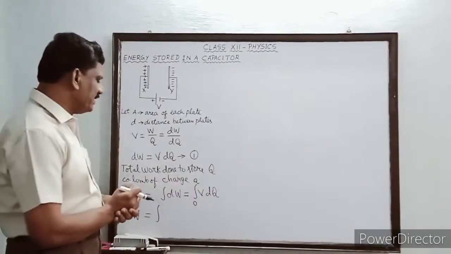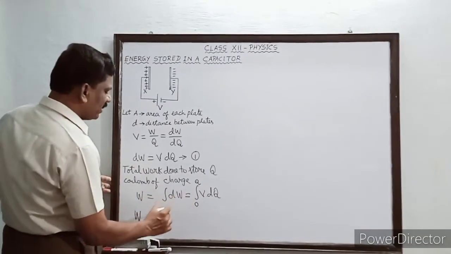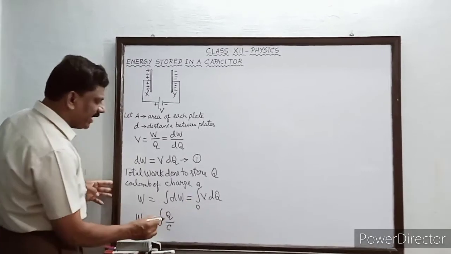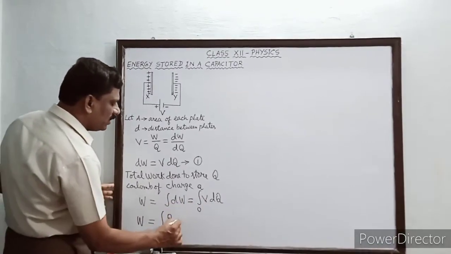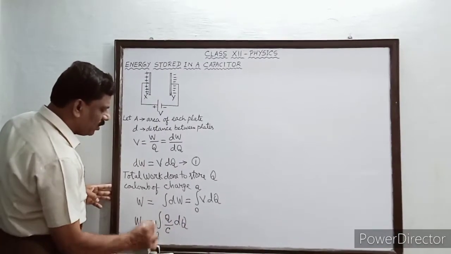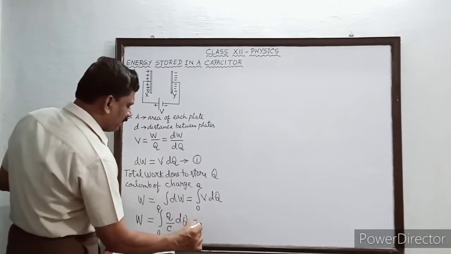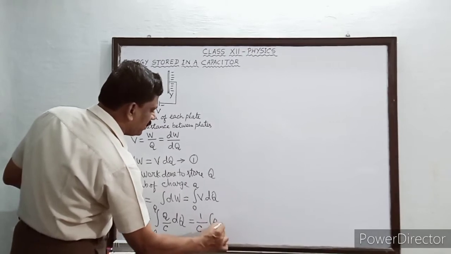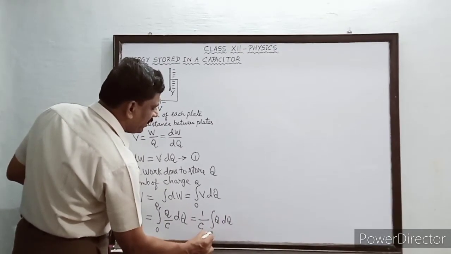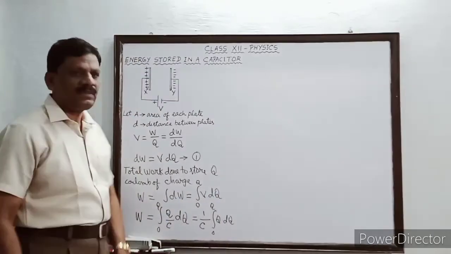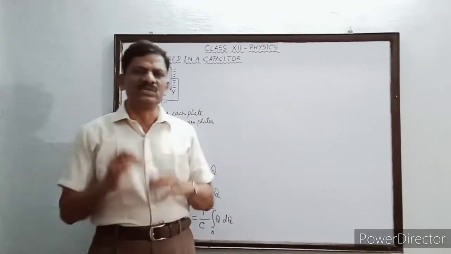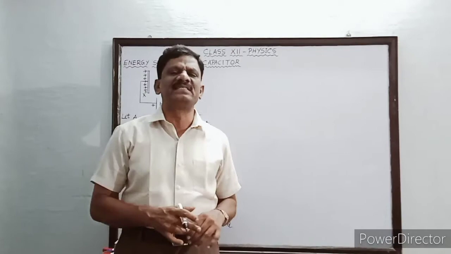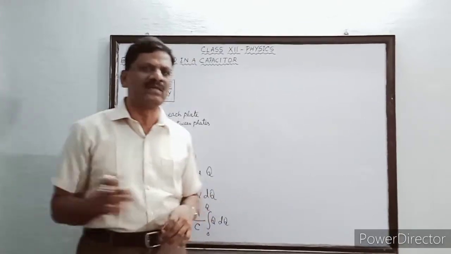Yes, Q is equal to CV, or V is equal to Q by C. So this can also be written as Q by C. In place of V, I have substituted Q by C into dQ between the limits 0 to Q. So this again can be written as 1 by C into the integral of Q dQ between the limits 0 to Q, because at every stage the quantity of charge only is variable. The applied potential difference V is constant and the capacitance C of the capacitor also is a constant, so we have to take it out of the integral.